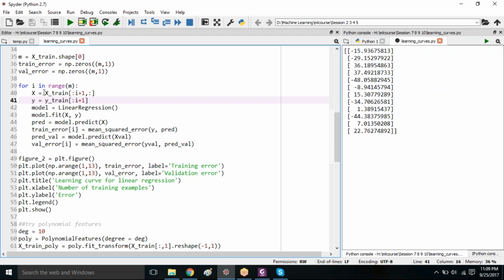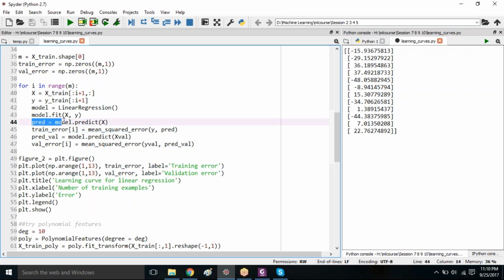Initially it will be just one point in x and y, then 2, then 3, then 4, then 5, like that till 12. Every time I take the linear regression model, fit it, predict, and calculate the train error and validation error.